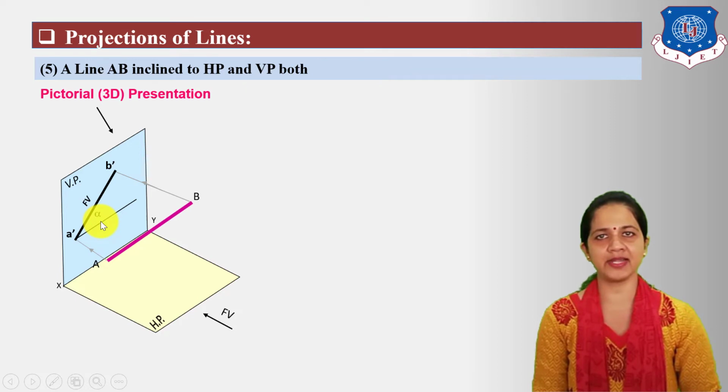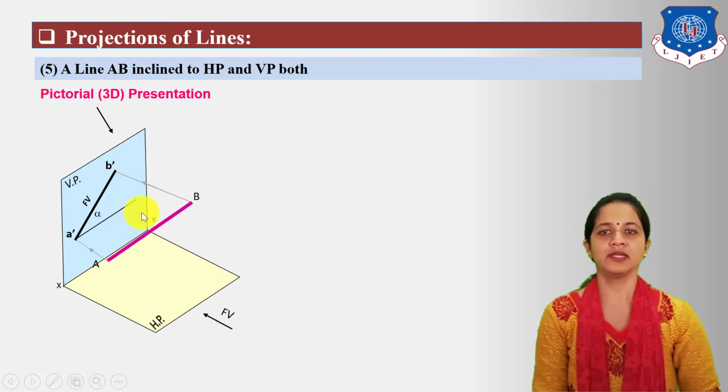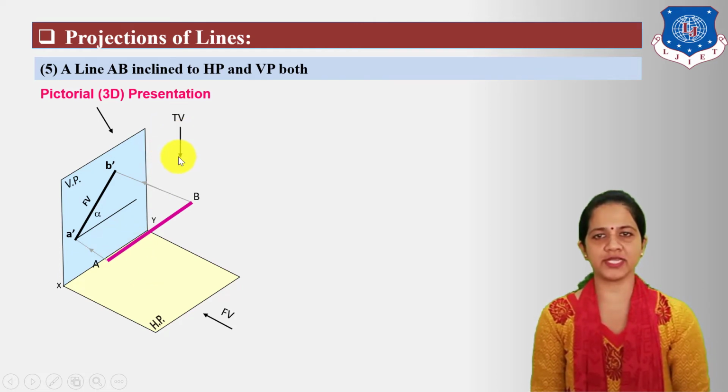It is apparent angle because we cannot see true angle with HP from front direction, because the line AB is inclined to HP and VP both. Next, when we take projection from top direction, we get its top view on HP, and it is an inclined straight line.